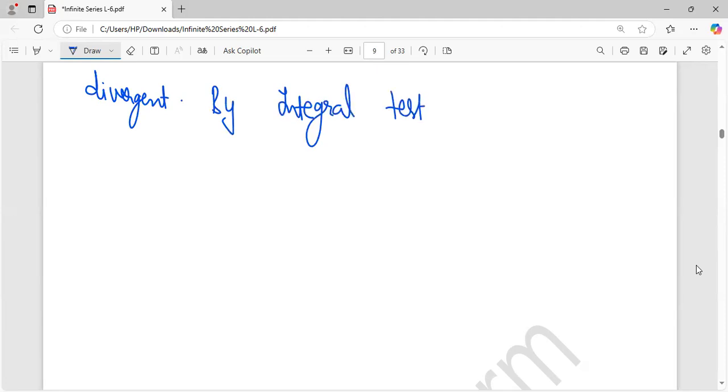This summation n goes from 1 to infinity 1 upon n is divergent because p is 1.